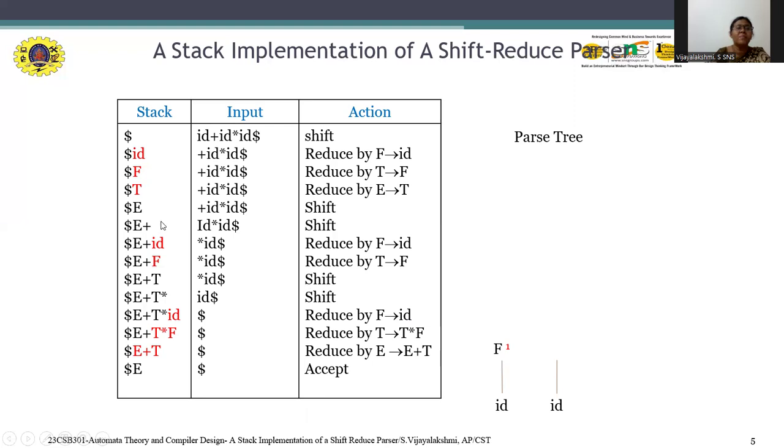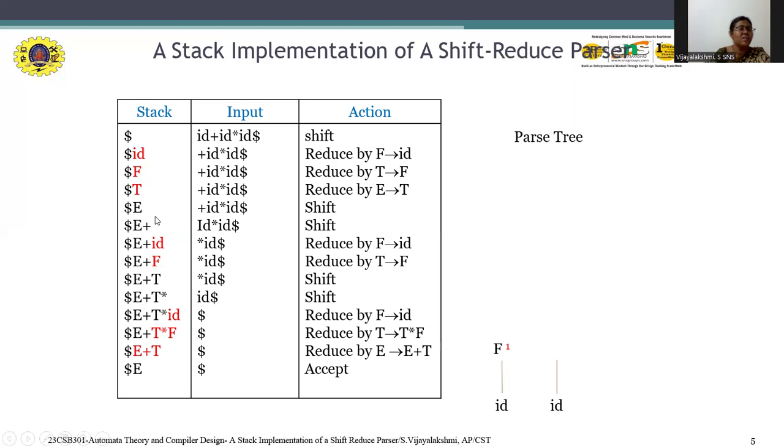Likewise, in step 3, the stack is F, and the input is plus ID star ID dollar. F is reduced to T, and then T is reduced to E. Then the next action is shift.